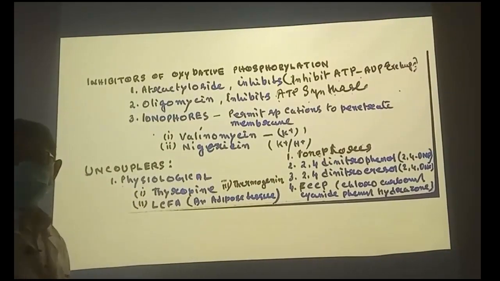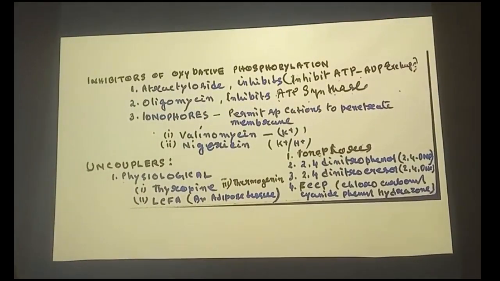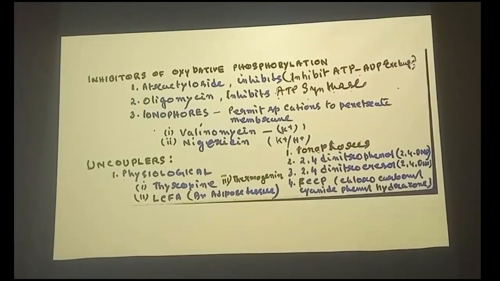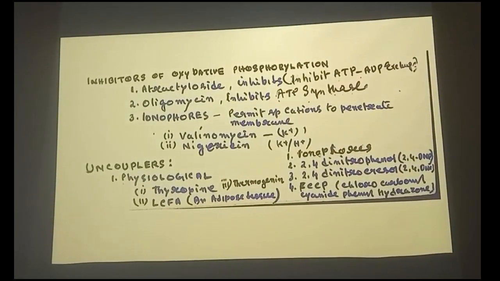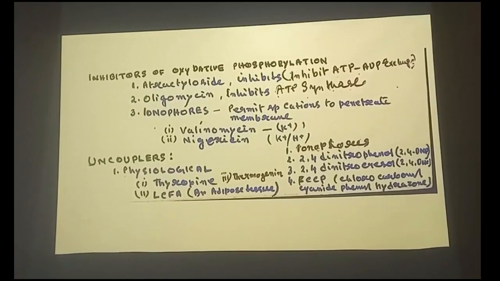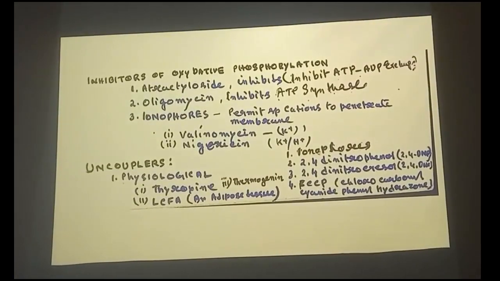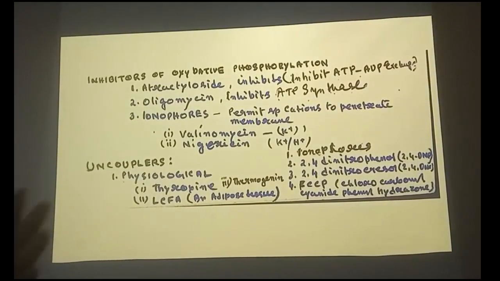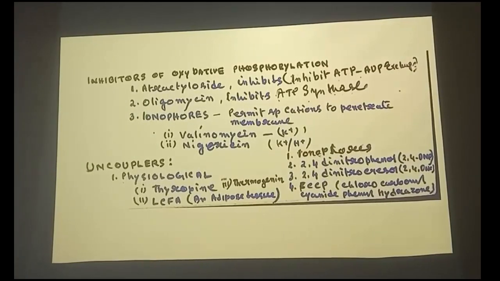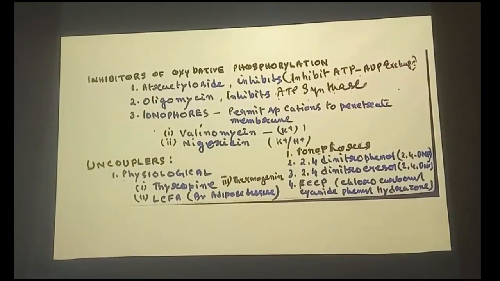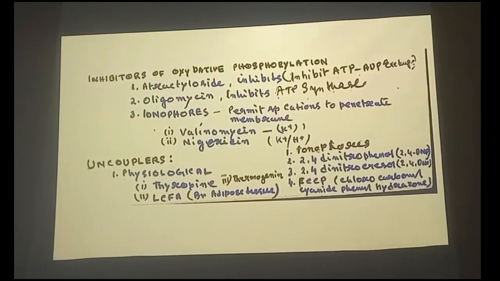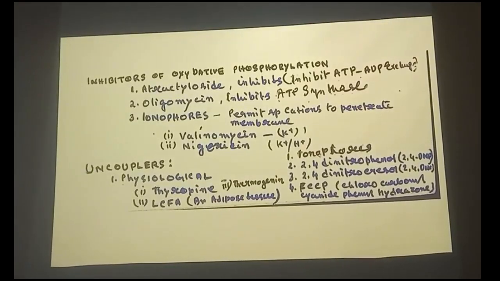The uncouplers allow the oxidation to carry through, but prevent the formation of ATP. So they uncouple the oxidative phosphorylation process from the electron transport chain, that means the oxidation process.